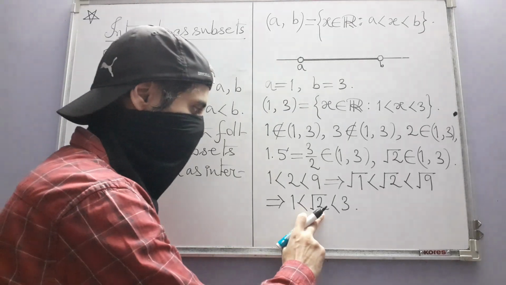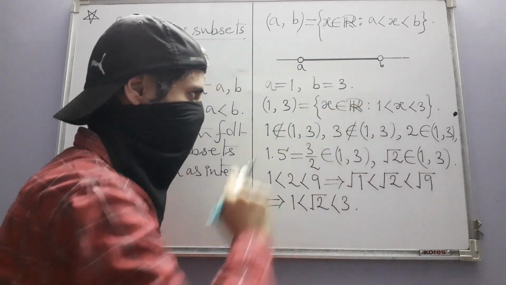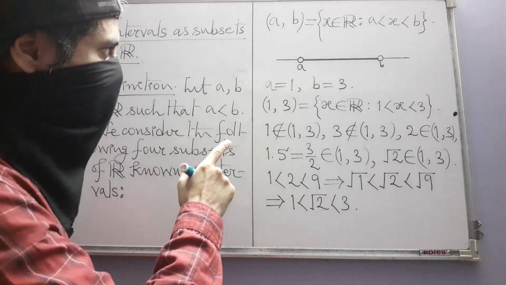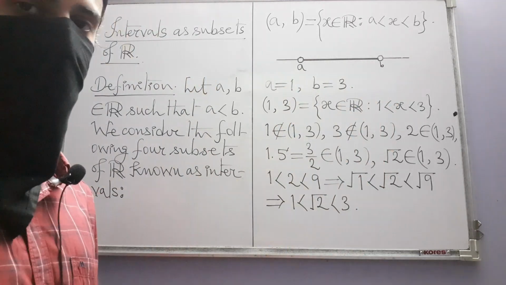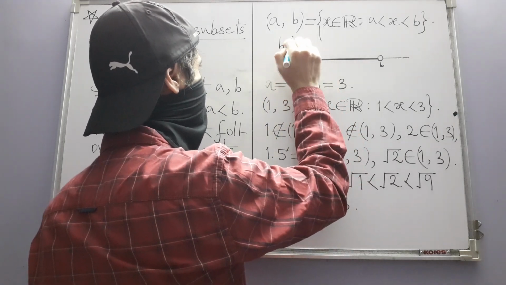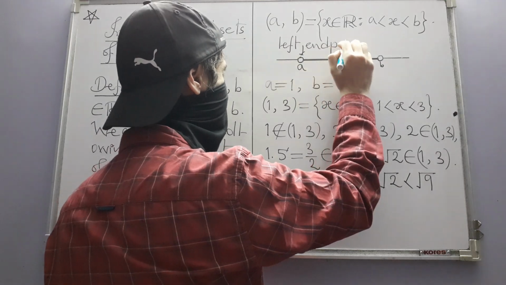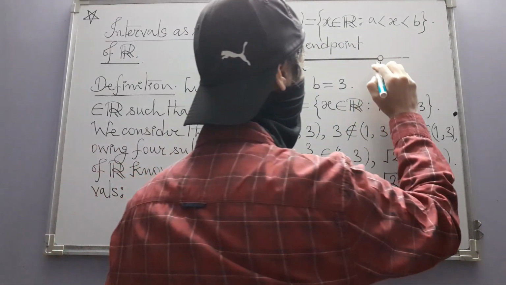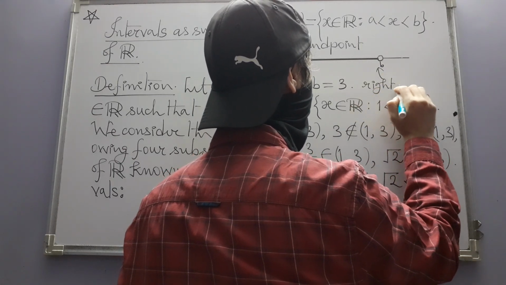But then root 2 is a real number satisfying these inequalities, and that is why root 2 belongs to this set. And this type of intervals where these are called the end points of the interval. This is the left end point of this interval, which basically is nothing but a set after all. And this is the right end point.